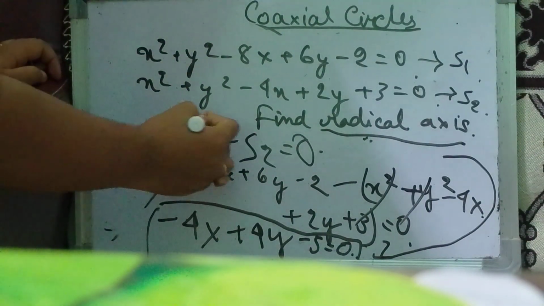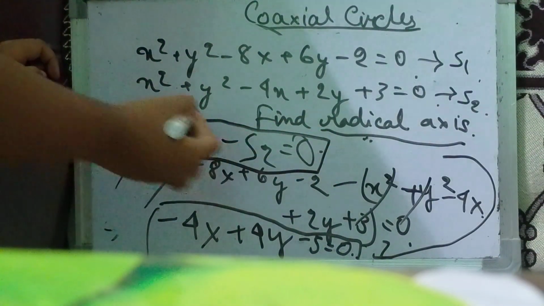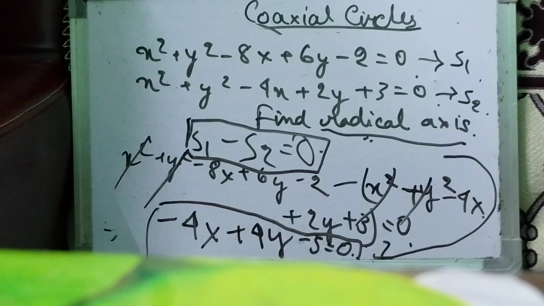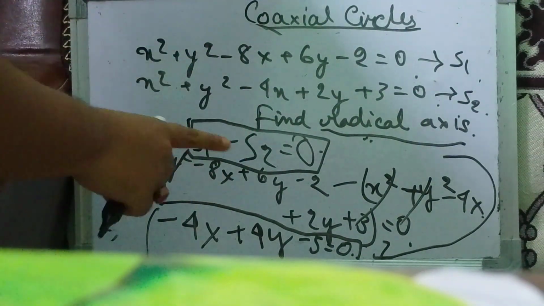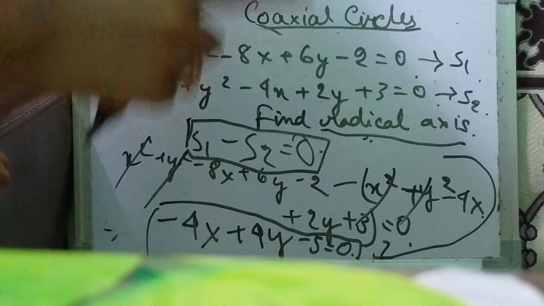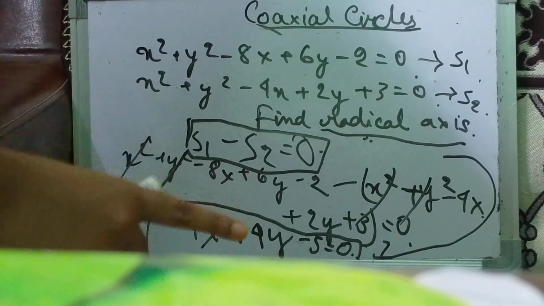This is the formula: S1 − S2 = 0. Remember, in this case all circles share the same radical axis.